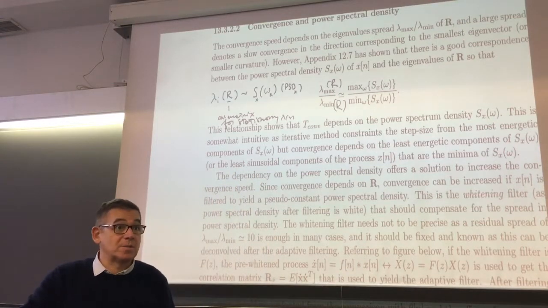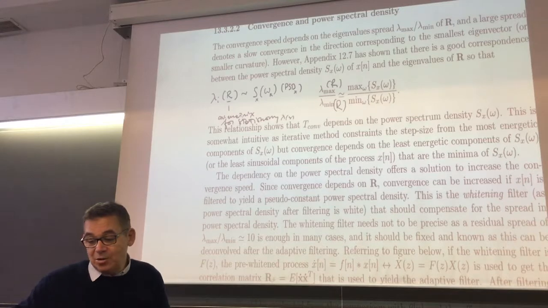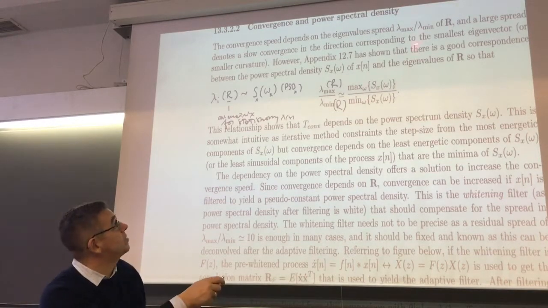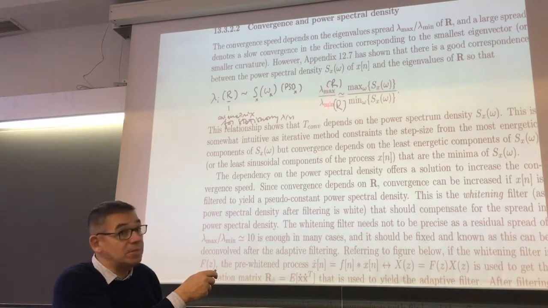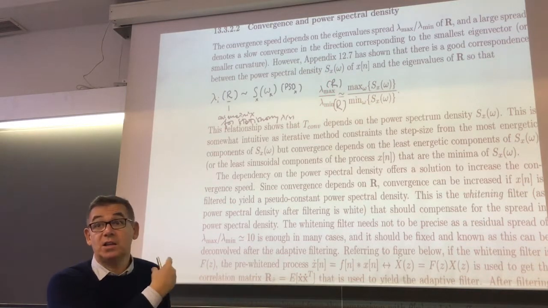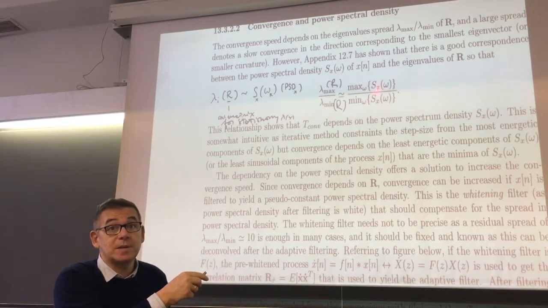And lambda min is the minimum of the power spectral density. So I come out with a very useful relation, which is telling me that the ratio between lambda max and lambda min, which is defining the convergence time, is approximately similar to the ratio between the maximum of the power spectral density and the minimum of the power spectral density.